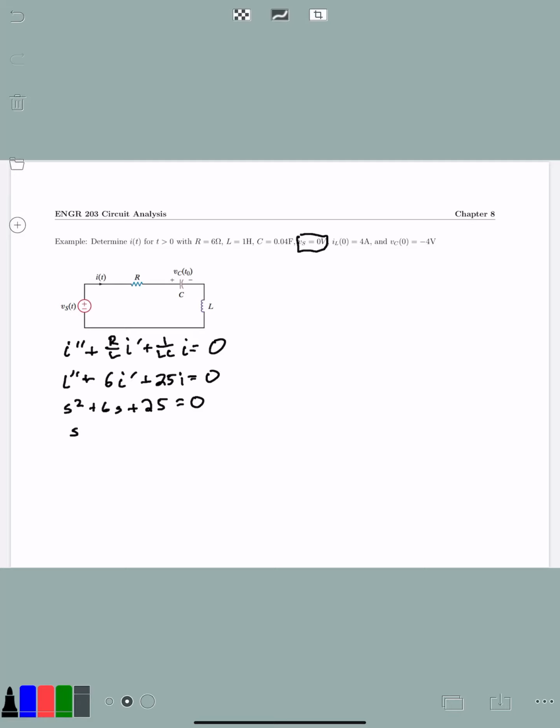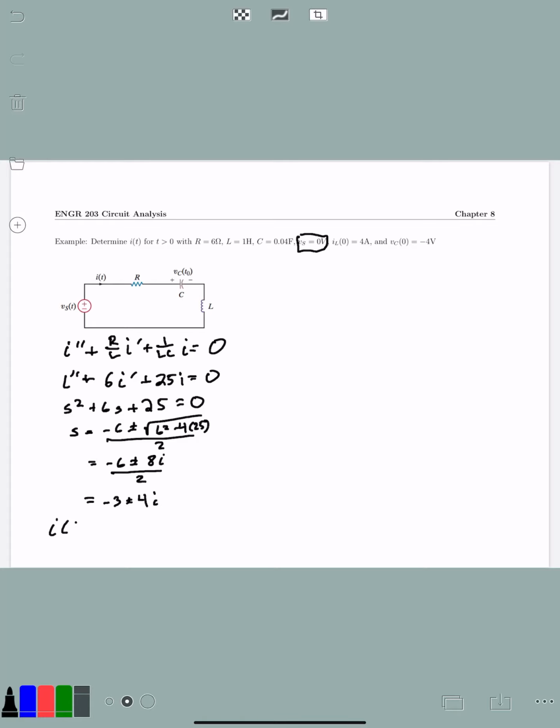We use the quadratic formula: negative 6 plus or minus the square root of b squared minus 4ac, all over 2a. That's 36 minus 100, which is negative 64, so it's 8i over 2. So we get negative 3 plus or minus 4i.